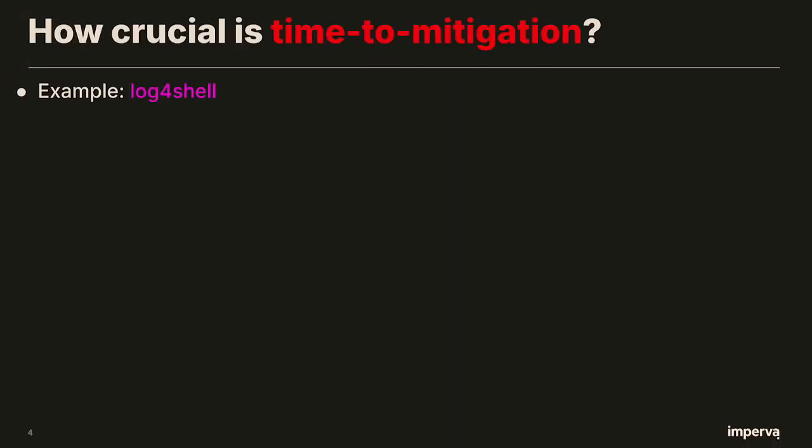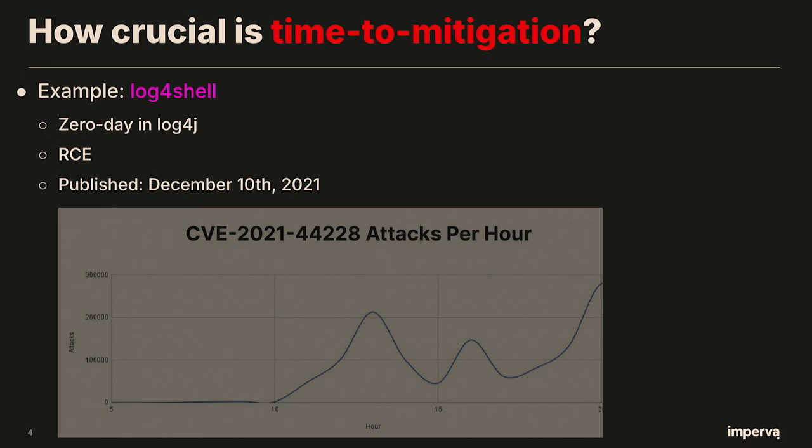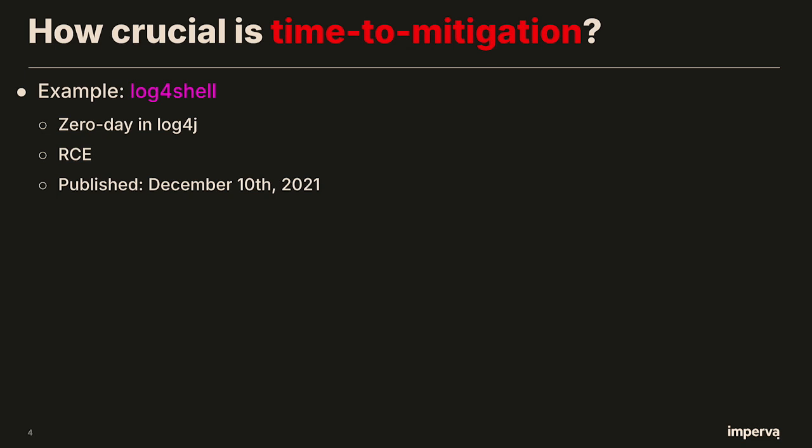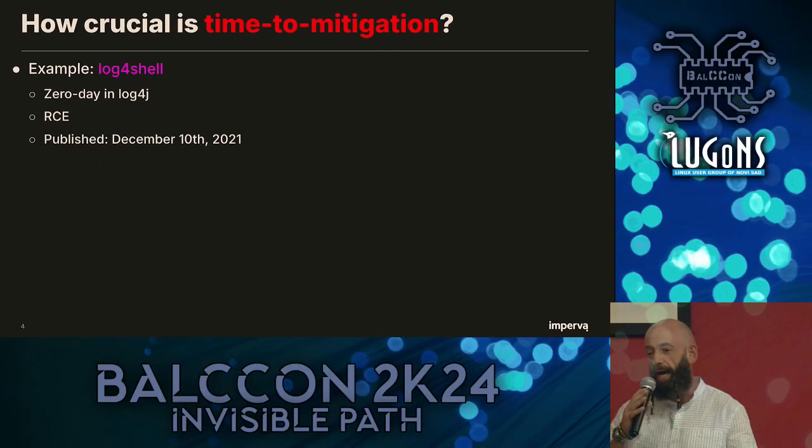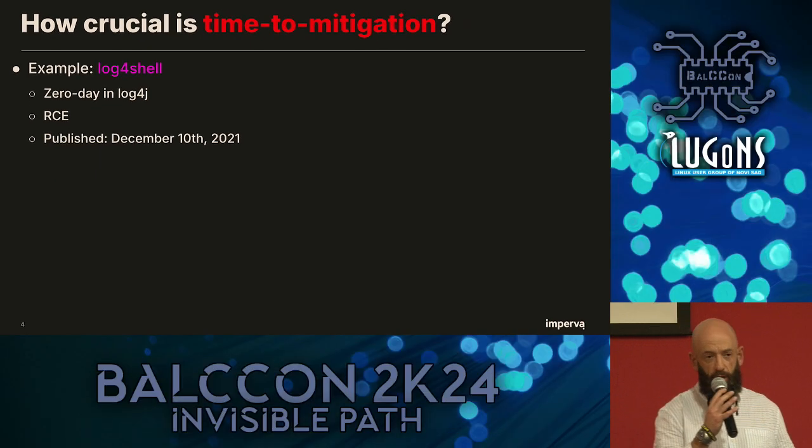So the first thing is time to mitigation. Time to mitigation means how fast can we mitigate a vulnerability after it was published. You all might remember Log4Shell. Log4Shell is a notorious vulnerability that was found in December 2021 in the Log4j framework, which is a very widely used Java framework for logging.